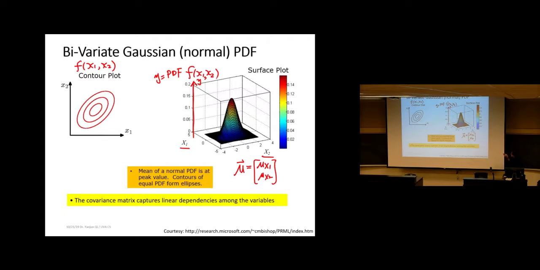Let's again, so the sigma 1 and 2 really just represent how wide along the x1 dimension my data is distributed apart from the mean of x1. And sigma 2 shows how wide my data is distributed apart from the x2 mean.